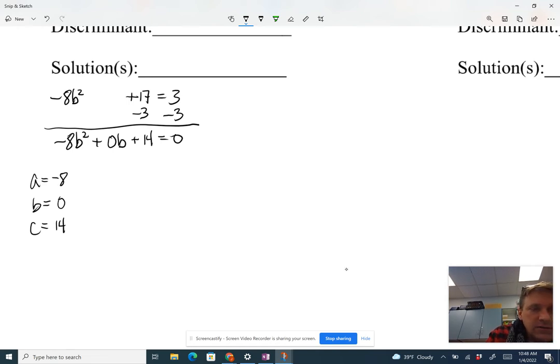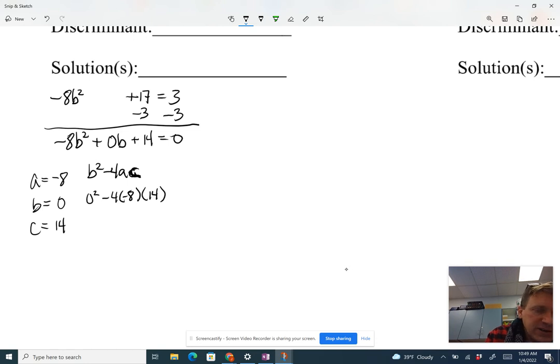And then I get my discriminant, b squared minus 4ac, and b is 0, 0 squared minus 4 times a, which is negative 8, times c, which is 14.